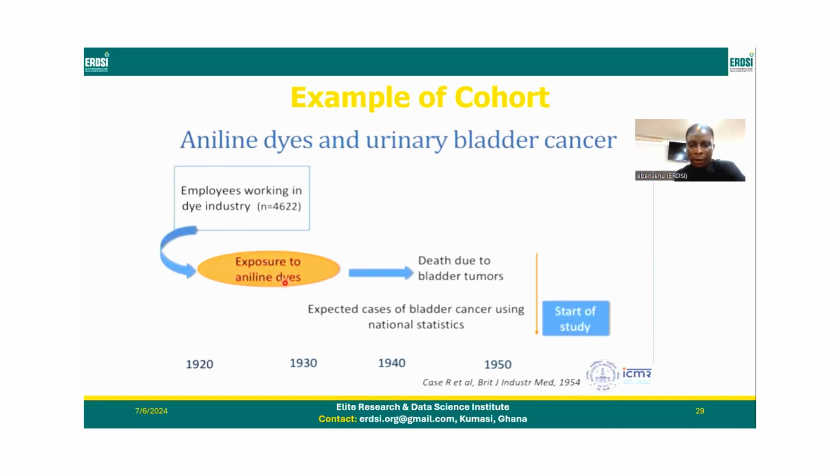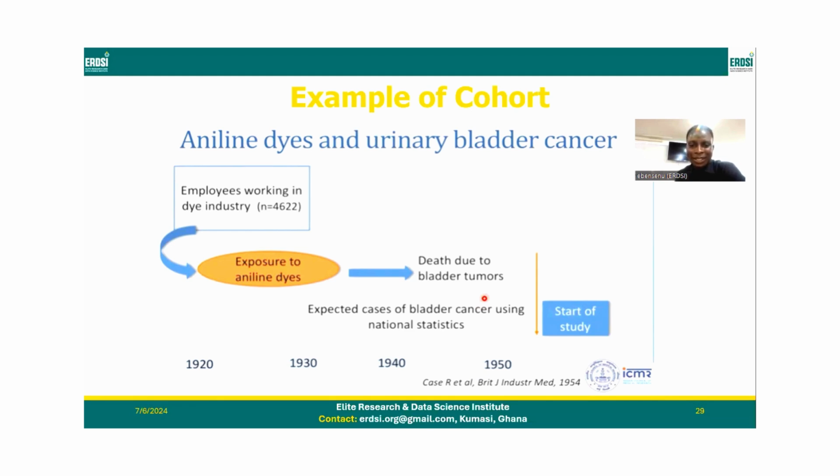Then around the 1950s, it was shown that some died due to bladder tumors. Then a researcher comes to start a study to see what happened between 1920 and 1950. So the person is now starting the study in 2020. What do you think is the kind of study design?